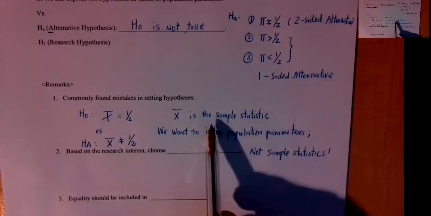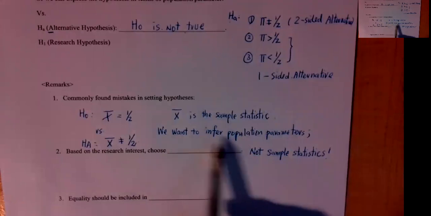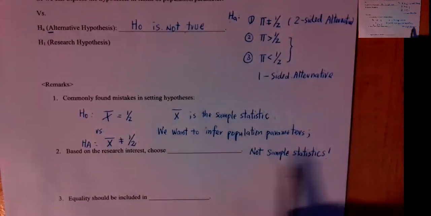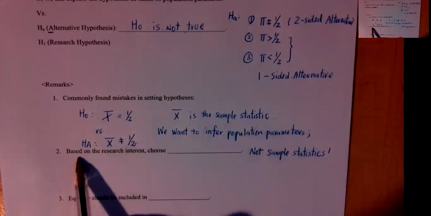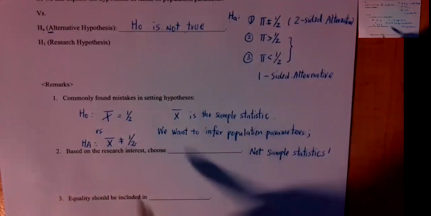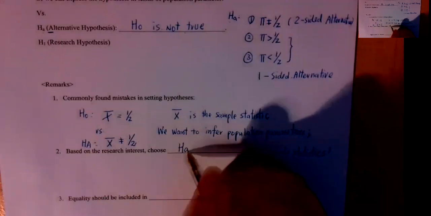Because a sample statistic depends on the sample, it changes all the time. So we want to infer a population parameter, not a sample statistic. Second one, based on research interest, we choose our HA, okay?